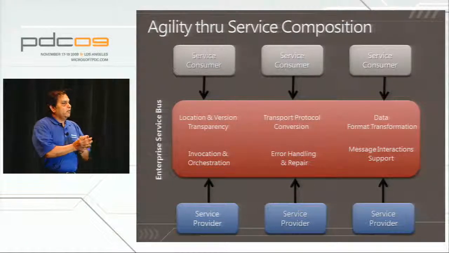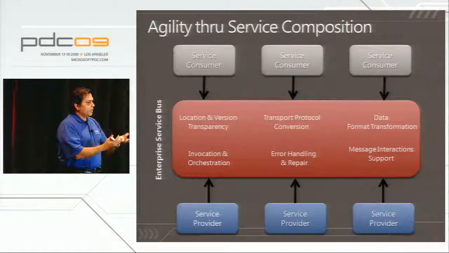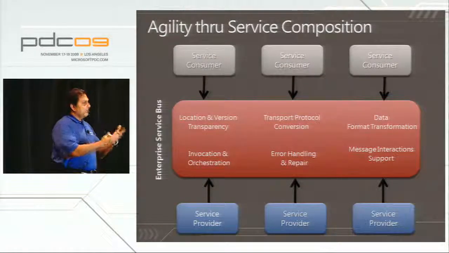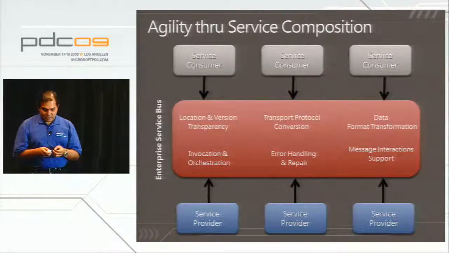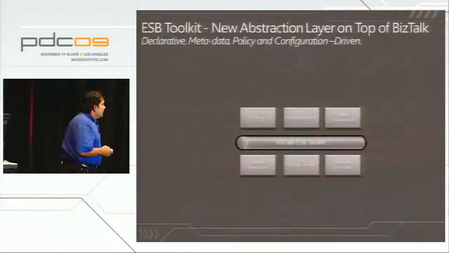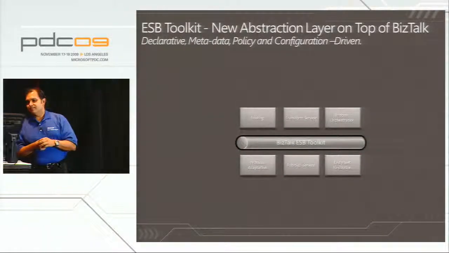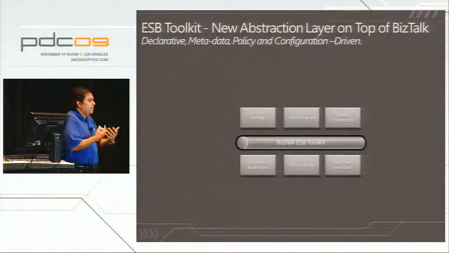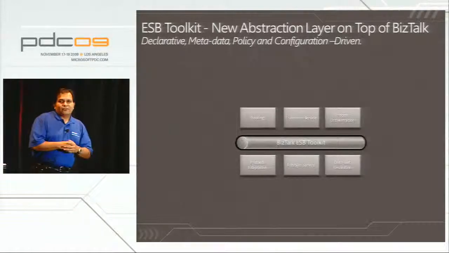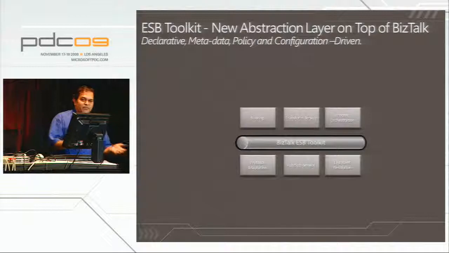That way you come up with a service that's highly reusable, that can participate in service composition, and that gives you the agility you're seeking. So in that sense, we have BizTalk Server, which provides a lot of these capabilities for routing, transformation, process orchestration, and protocol adaptation.